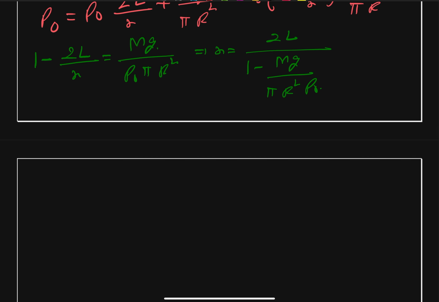So we get that our x will be equal to pi r square P naught minus mg whole divided by pi r square P naught, multiplied by 2L.